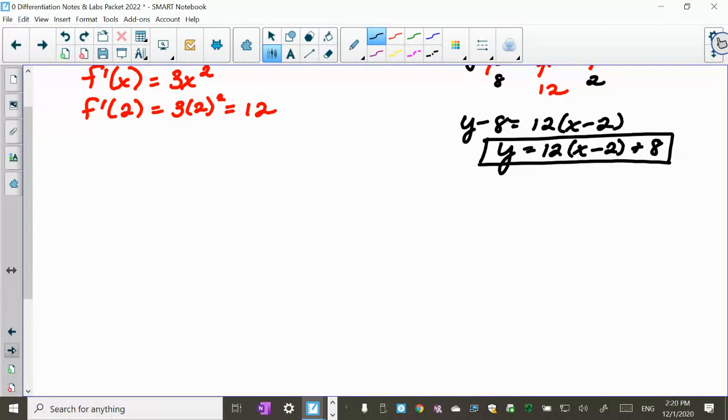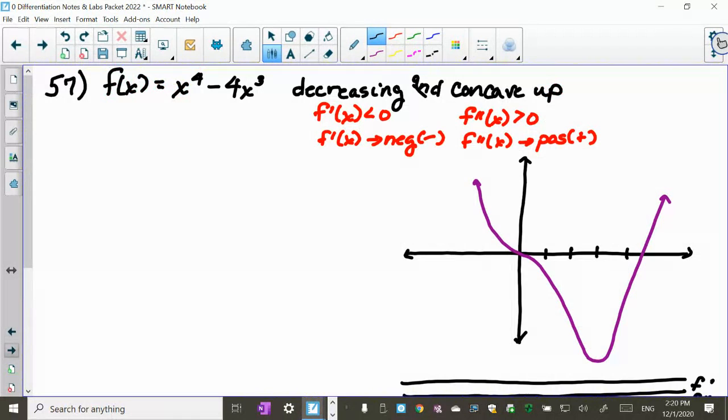All right, the next one I'm going to do is 57. What they want us to do is, it says, on what intervals is the function f of x equals x to the fourth minus 4x cubed both decreasing and concave up? So I kind of copied that down. Then I talked about, okay, my function is decreasing. What do I need to know?